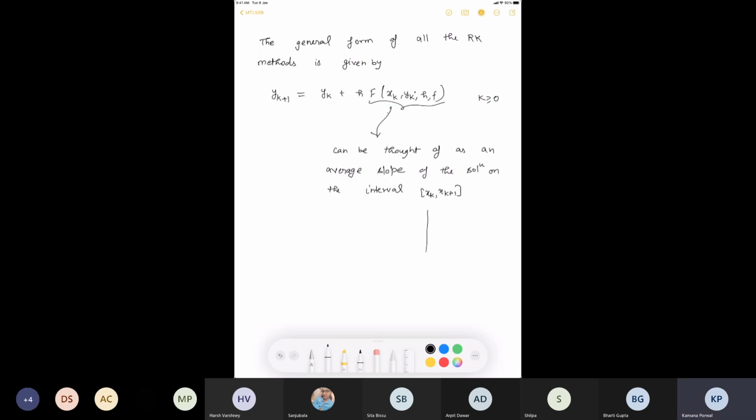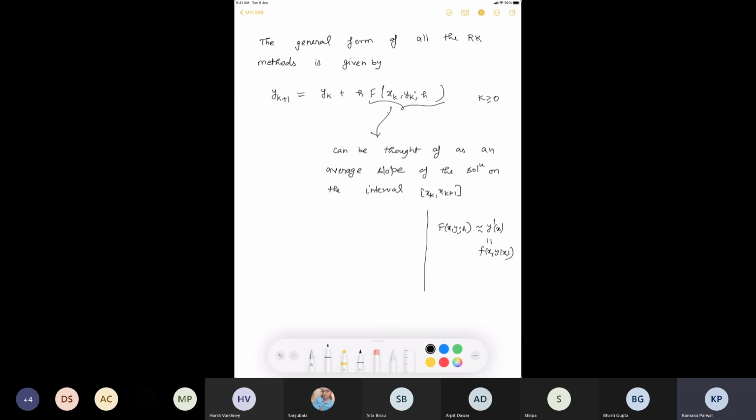If you try to relate it to the previous method, let me skip writing f every time, because it's understood that I'm talking about the average slope, so it will depend on f as well. Let me just write it with the h. This is basically going to be an approximation of y prime of x, which is nothing but f of x, y.